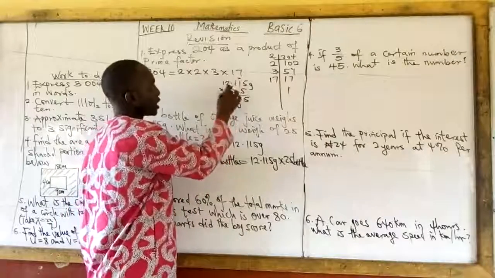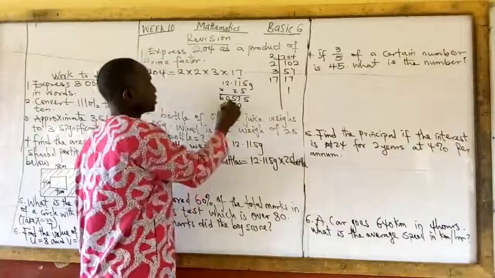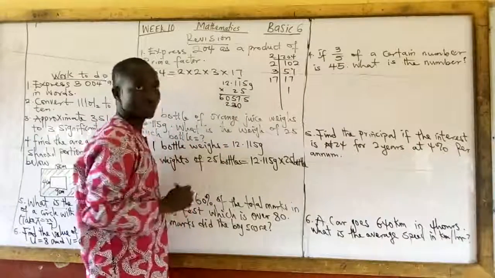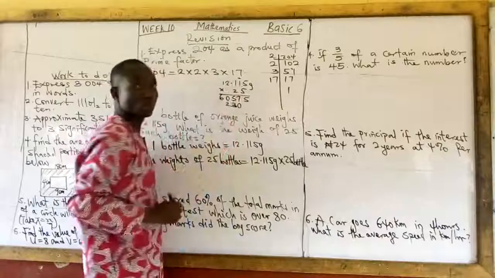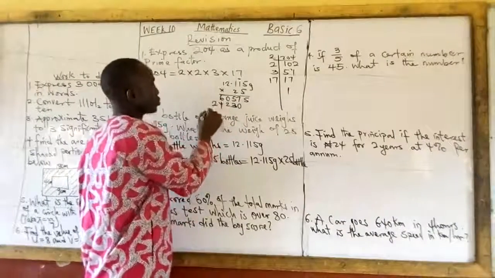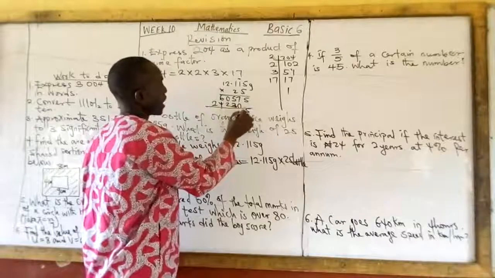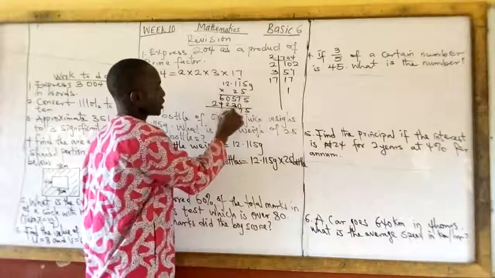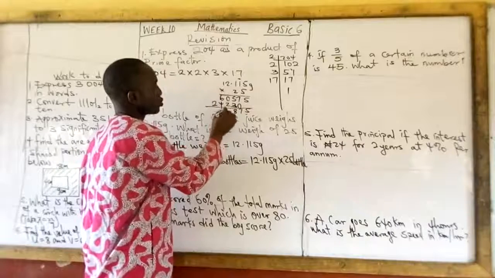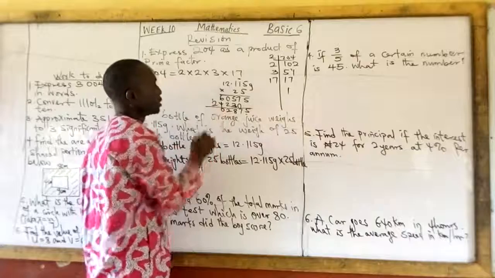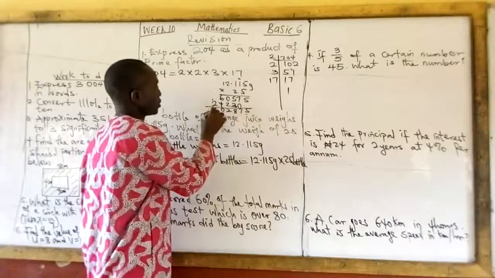Keep 1. 2 times 1, 2, plus 1, 3. 2 times 1 gives us 2. 2 times 2 will give us 4. 2 times 1 will give you 2. So when we add, this will be 5. 7 plus 0, 7. 5 plus 3, 8. 0 plus 2, 2. 6 plus 4, 10. Keep 1. 1 plus 2, 3.